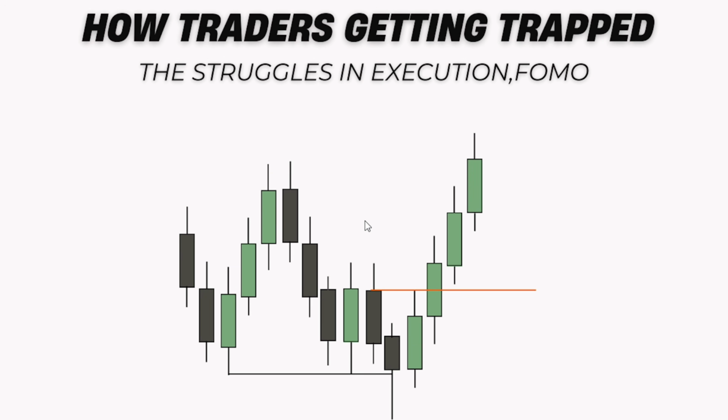So how are traders getting trapped? Okay, in the struggles in the execution and FOMO. See, I was one of you, right? Everyone makes mistakes. So even though I knew what a change in the state of delivery and the liquidity sweep are, I struggled in the entry part. Like entering the trades without a change in the state of delivery.